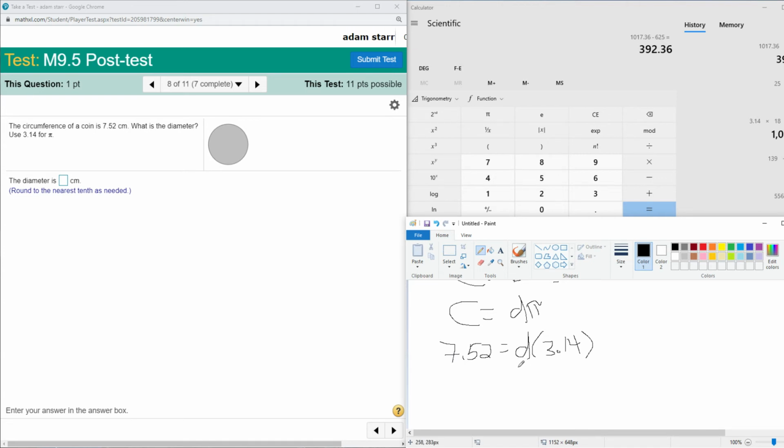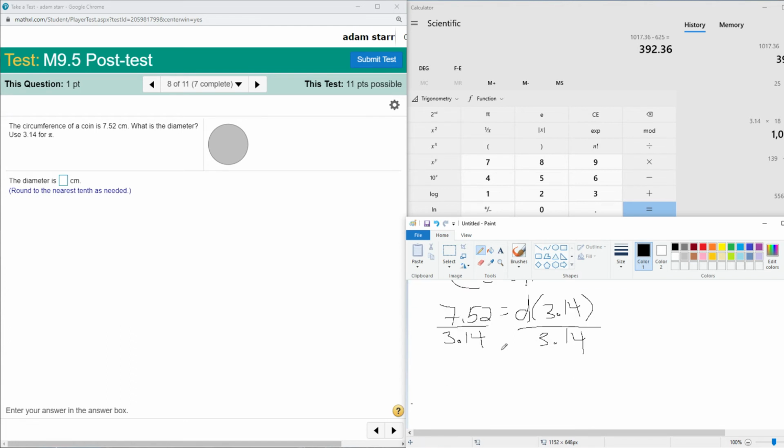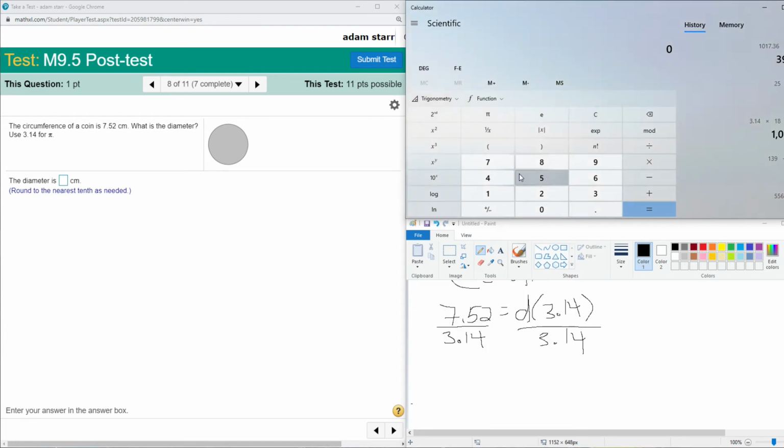To solve this, I'm going to divide both sides by 3.14, and that will give me the diameter. So 7.52 divided by 3.14.